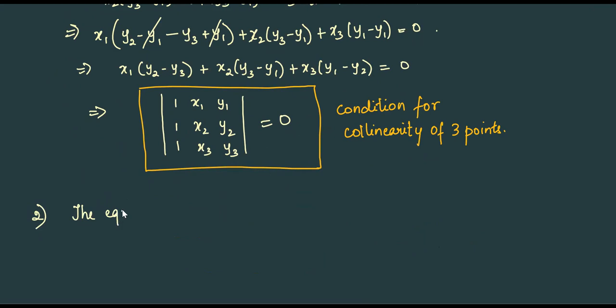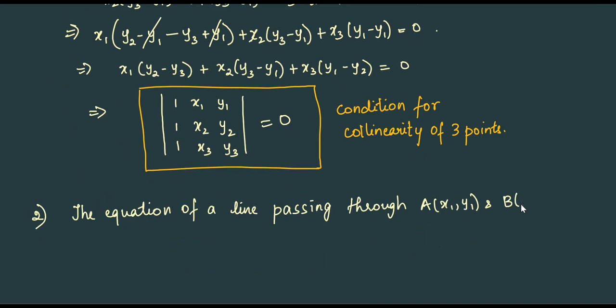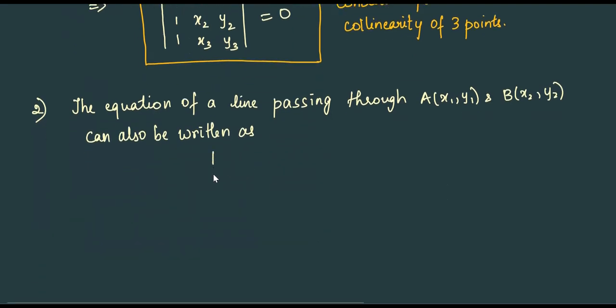The equation of a line passing through 2 points can also be written as the determinant of 1, x, y; 1, x1, y1; 1, x2, y2 equal to 0.